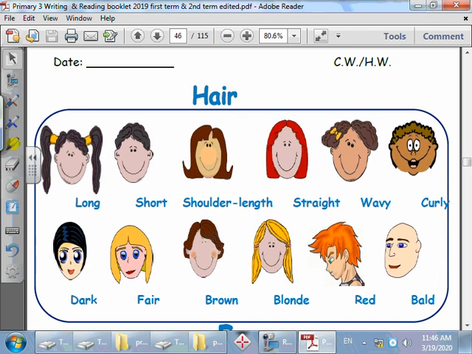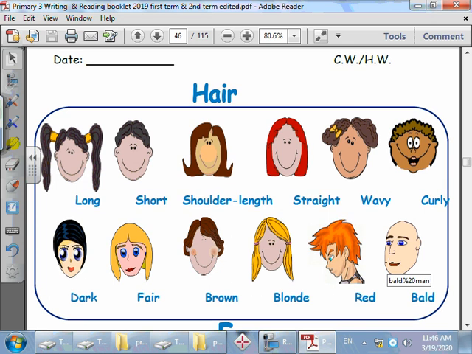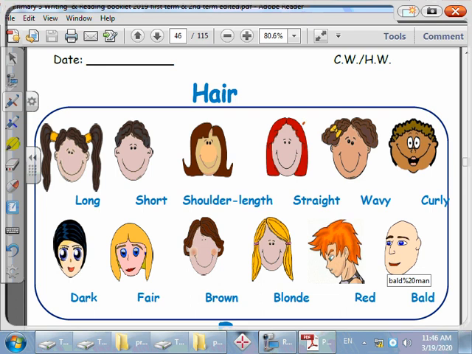Next, the hair. When you talk about someone's hair, not only long and short, there is also shoulder length. It comes until the shoulder. Is it straight hair? Like for example, my hair is straight. Wavy hair, it has waves like this, waves, wavy. Okay?